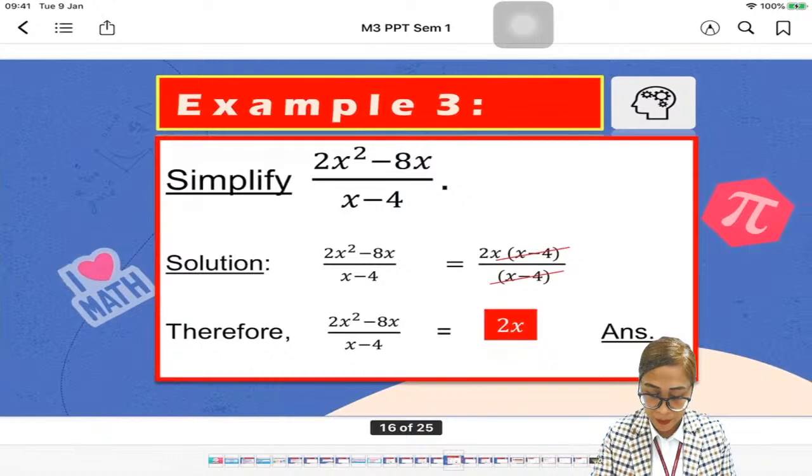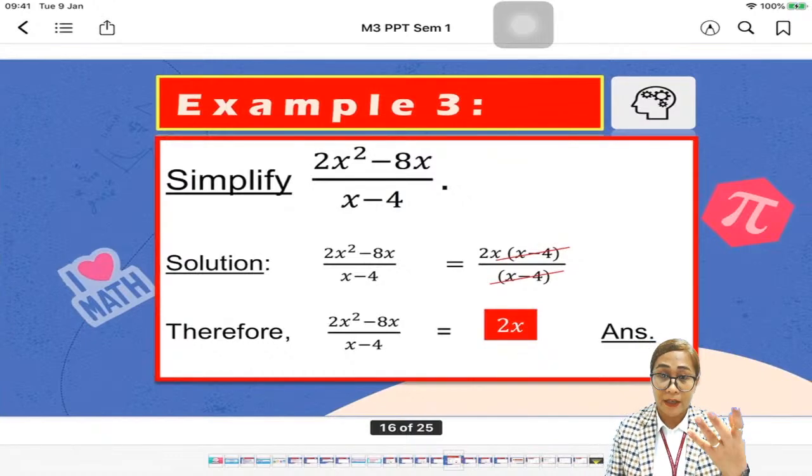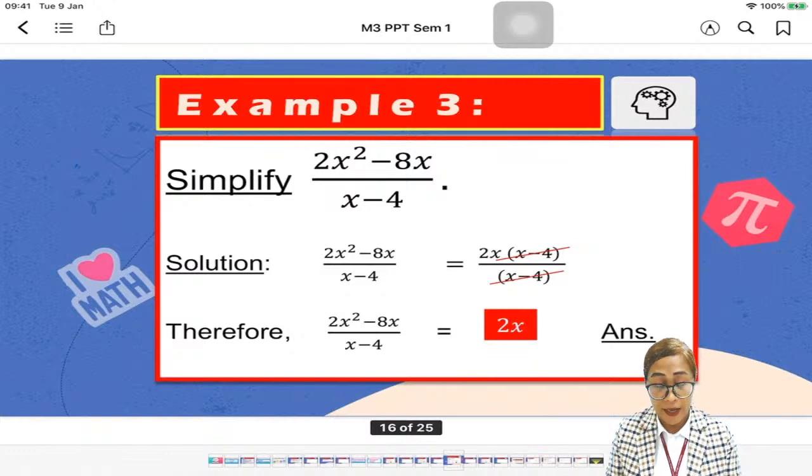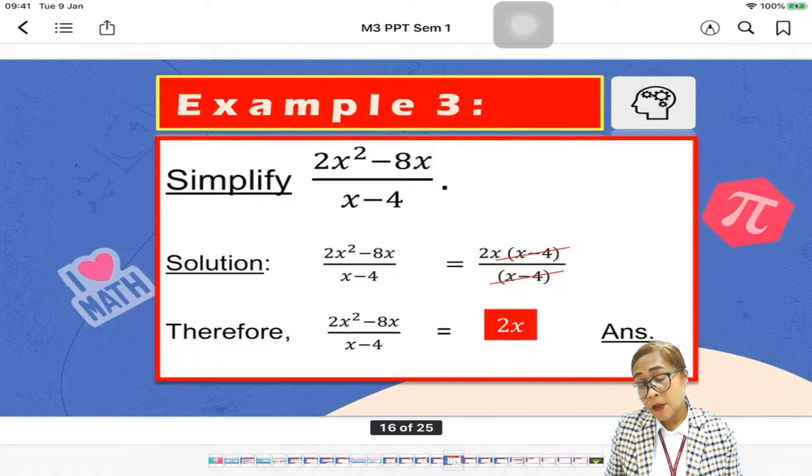Okay, so example number 3 is this, and we have the solution, maybe we'll have this on the next slide.